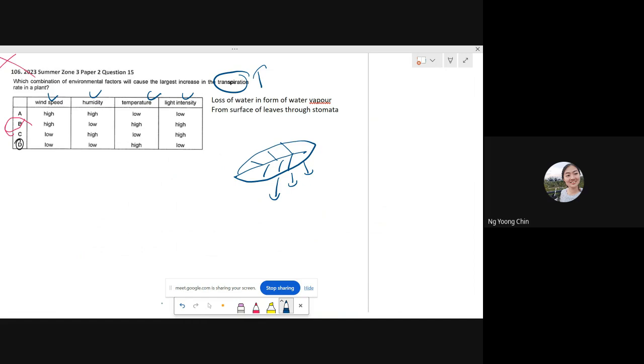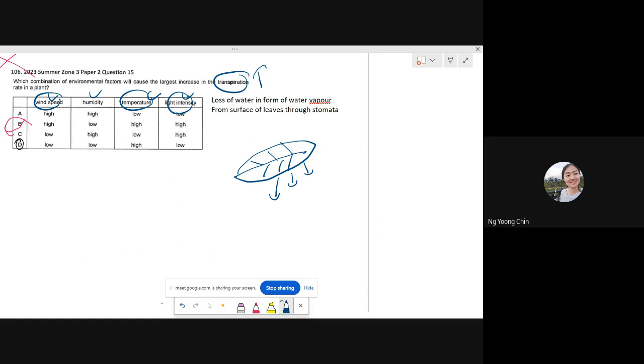When you increase the wind speed, temperature, or light intensity, you will be increasing the transpiration rate, the amount of water loss from the plant. What happens with wind speed is that you can imagine the wind blowing past the leaf, right?